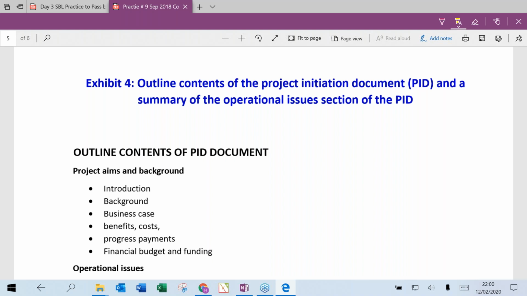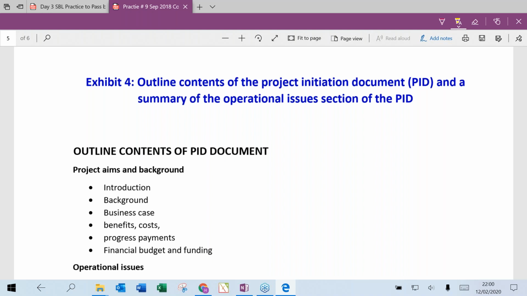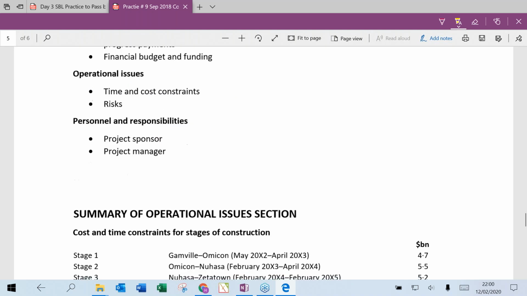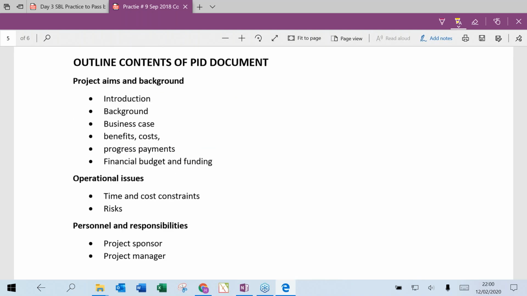So this is a very interesting question. The examiner has not asked you to prepare a PID. Instead, he has given you a PID and has asked you to identify the issues in it. So this PID has been prepared by a junior person. Now let's look.